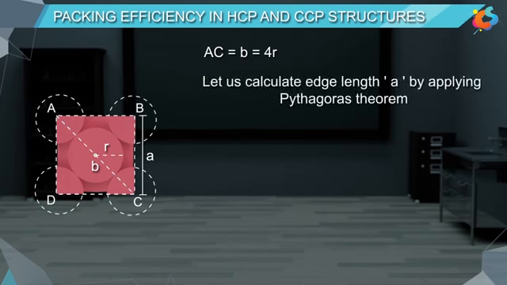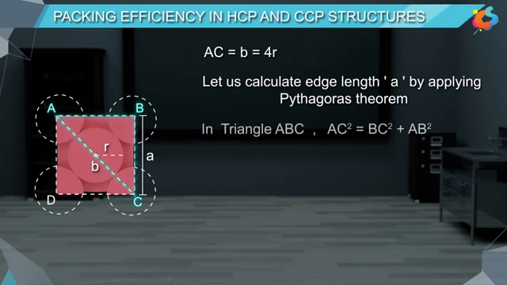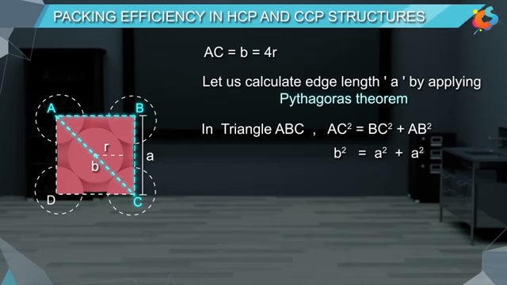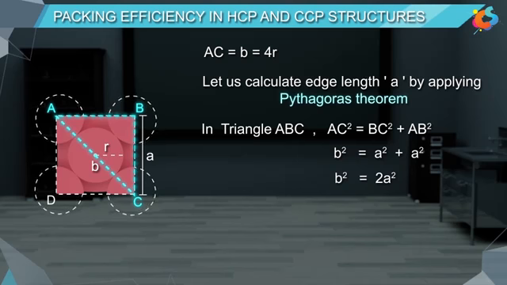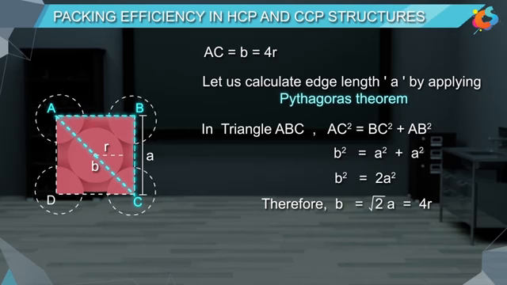Now, let us calculate edge length a by applying Pythagoras theorem. In triangle ABC, AC² is equal to BC² plus AB². b² is equal to a² plus a². b² is equal to 2a². Therefore, b is equal to √2 a, which is equal to 4r.